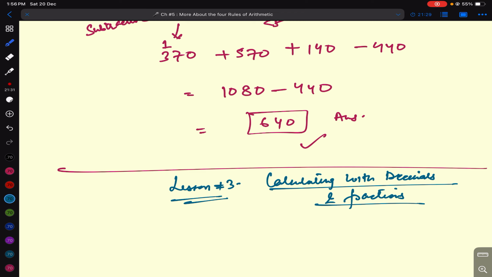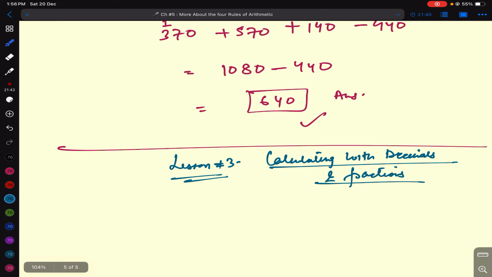Previously we have seen how we calculate with integers. Now it's time to learn how to calculate with decimals as well as fractions.